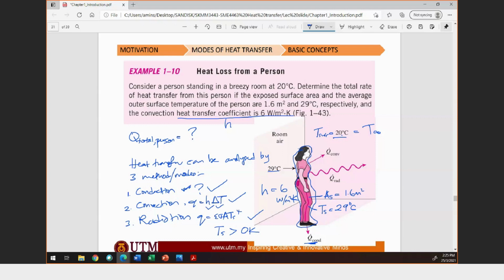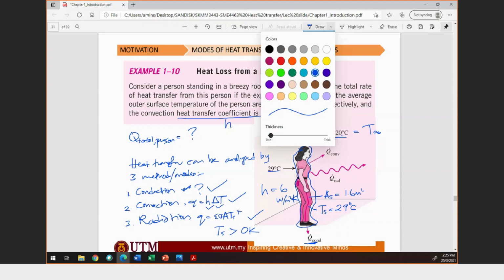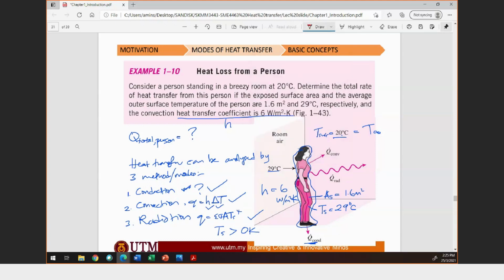So in this example, if you want to calculate the Q total, you need to consider all the heat transfer. This is Q conduction plus Q convection plus Q radiation, because this is a heat rate, the total rate of heat transfer.